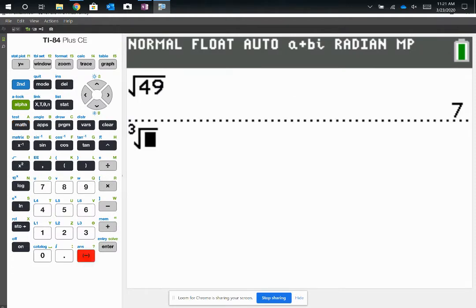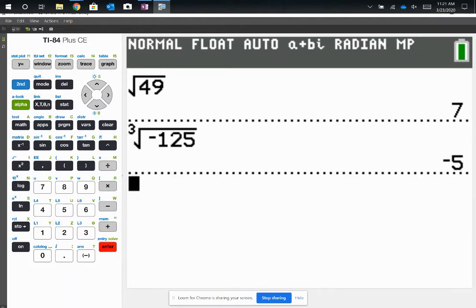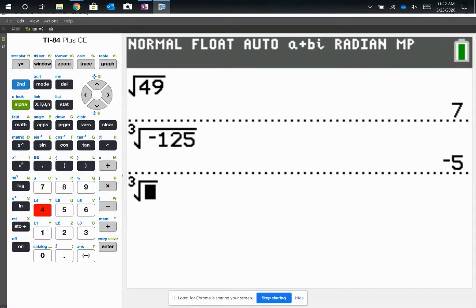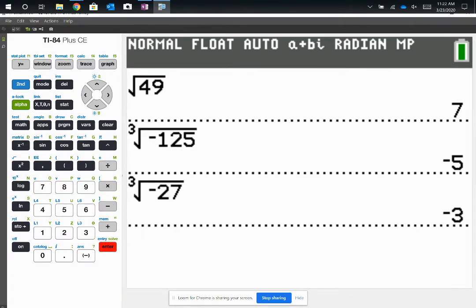And we can take the cube root of negative 125 and get negative 5. Or we can take the cube root of negative 27 and get negative 3.